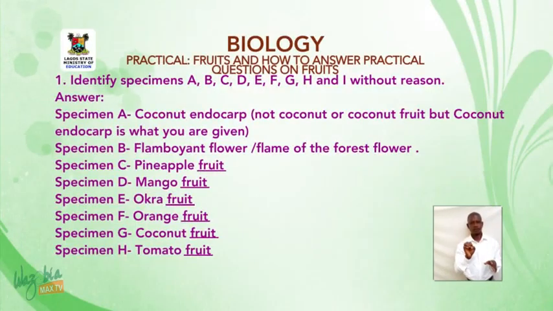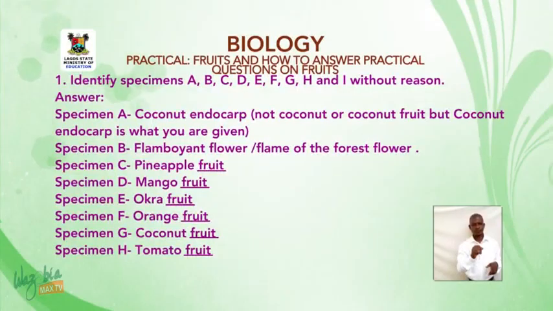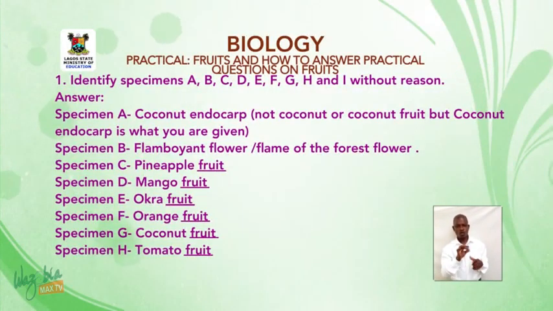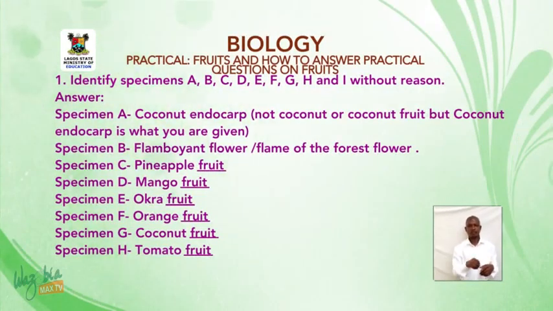Identify specimens A, B, C, D, E, F, G, and H without reason. Answer. Specimen A is coconut endocarp, not coconut or coconut fruit, but coconut endocarp, which is given in the specimen.